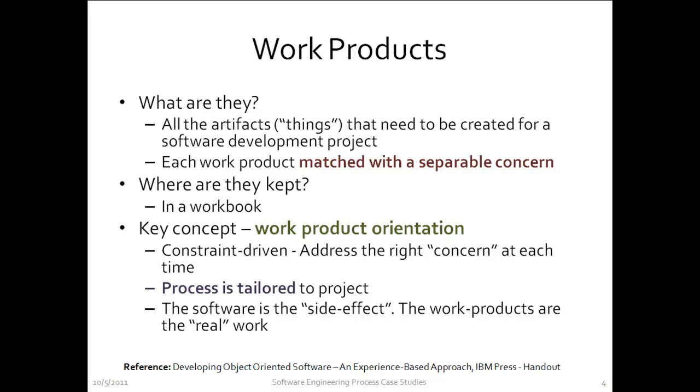At every instant in time, or every so often, you look at the project and say, what is the most important thing this project needs? What is the most important artifact that this project needs at this time? Is it a requirements document? Is it code? Is it design? Is it an analysis document? And based on that discussion or that analysis, the right document or the right artifact or the right work product will be generated.